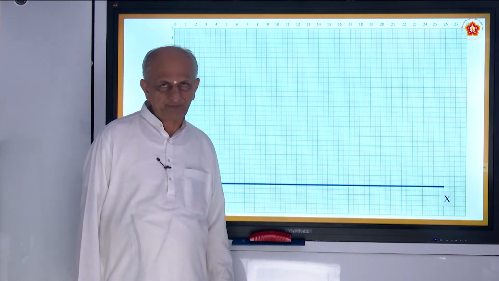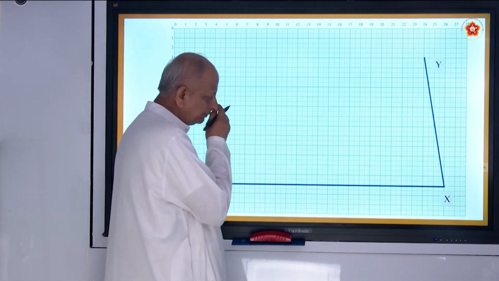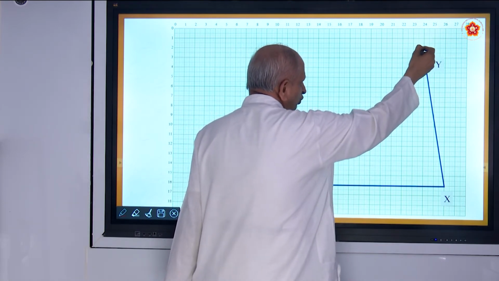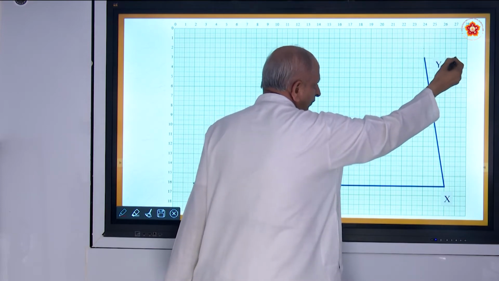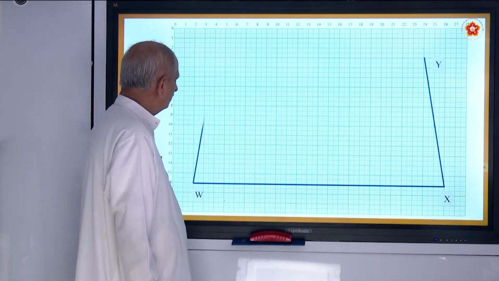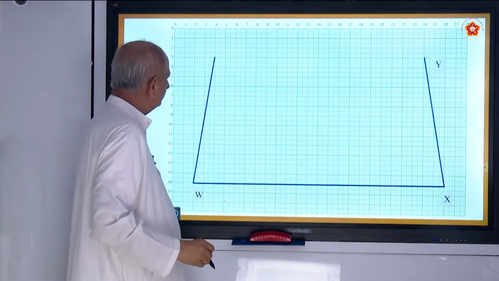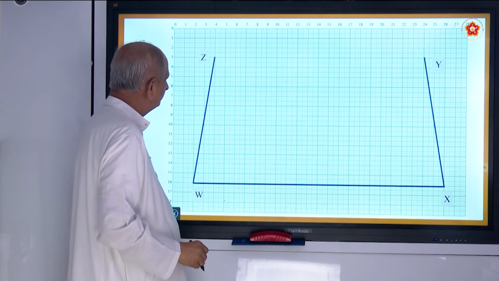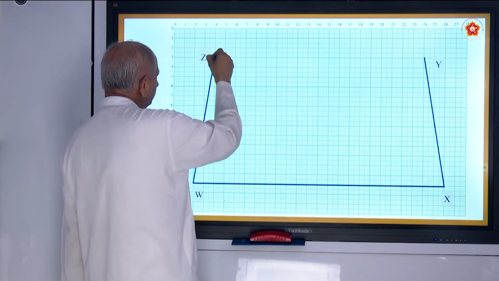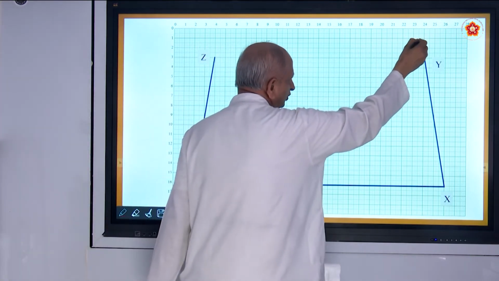The WX is drawn first. Then next line XY is drawn. How is it drawn? So the point Y is say 1, 2, 3 centimeters from the top here. 1, 2, 3 centimeters from this. Same way, you must draw one more line here. See, and that point we call Z, and join YZ. See here 1, 2, 3, third distance. Okay, here also 1, 2, 3, third one.